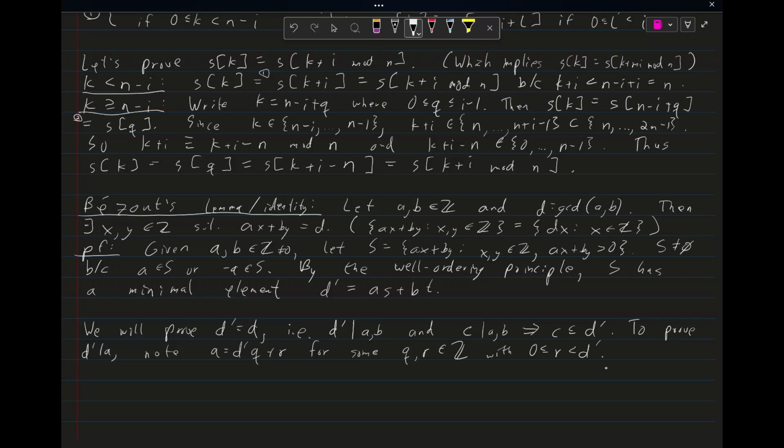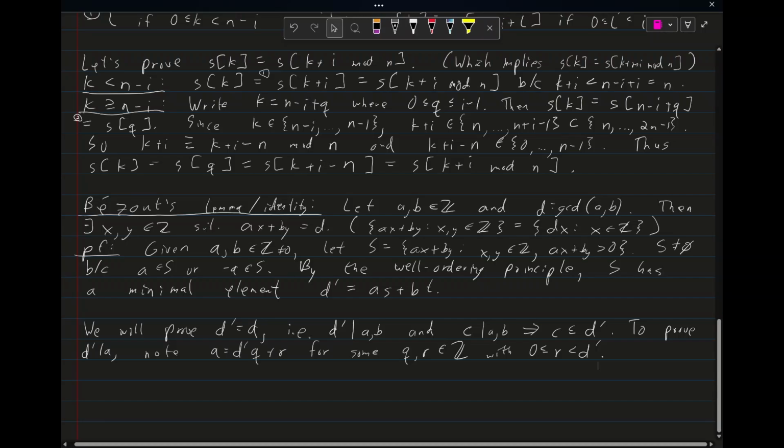Okay, and why is this true? This is basically arithmetic modulo d prime. Any integer, you can get to by taking some multiple of d prime and then adding a remainder to it, which is strictly less than d prime.